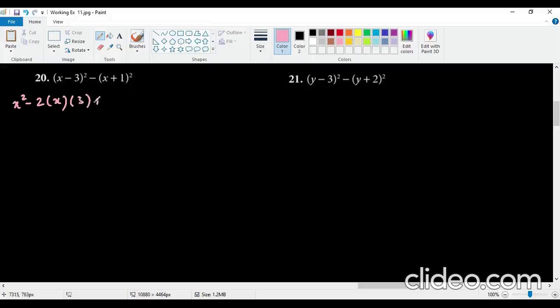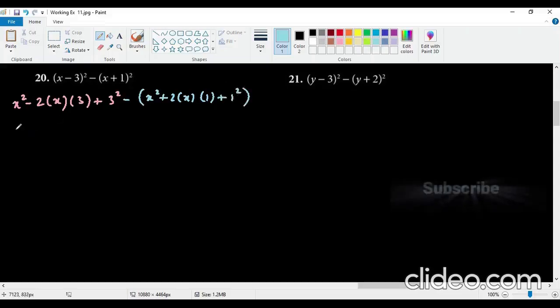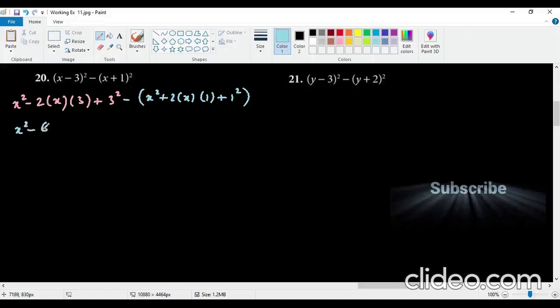Now I will use a negative sign, and inside the bracket I will have a square plus 2ab plus b square. Now in here x square minus 6x plus 9, and now I'm using this minus sign.